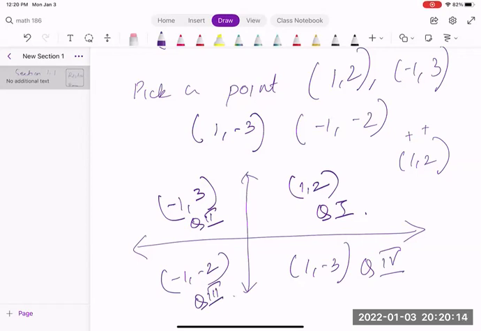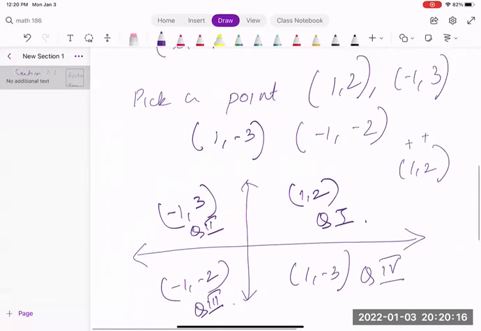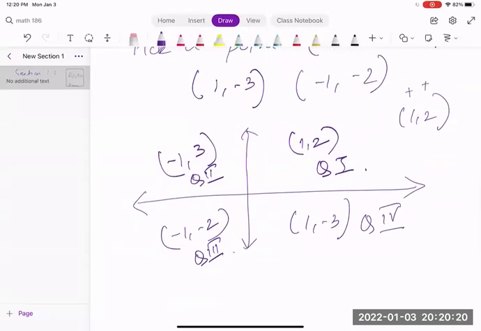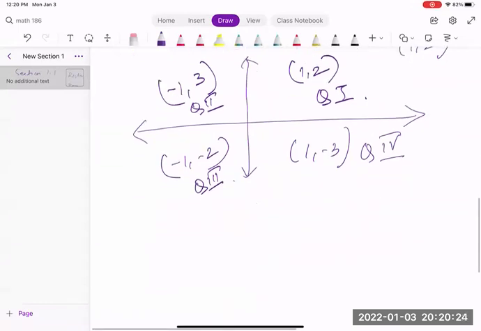So you're looking at the points, trying to figure out the location of these points in each of the quadrants, plotting it up and putting it down in the correct format. If a question like this comes in your homework, you would be able to locate where these points are.